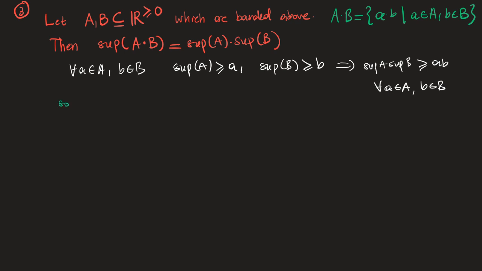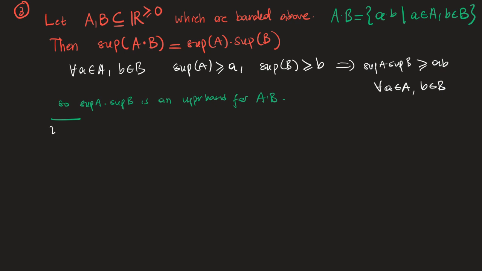So it means that it is an upper bound. Sup A multiplied by sup B is an upper bound of AB. Now we show that this is indeed the least upper bound.